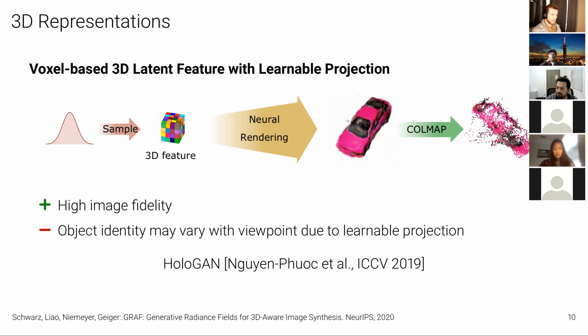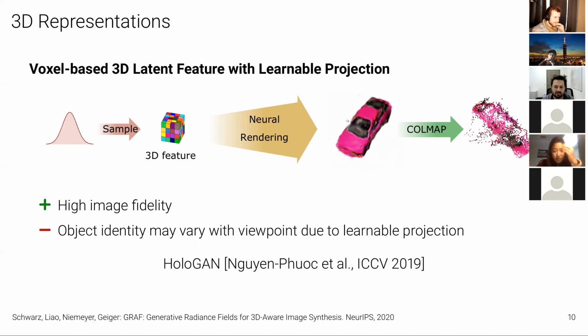To be more specific about this, what we did here is that you can fix the identity of an object, and then you sample a lot of images of this object from different viewpoints. The arrow indicating COLMAP means that we then apply a classical reconstruction method on these many images, right?